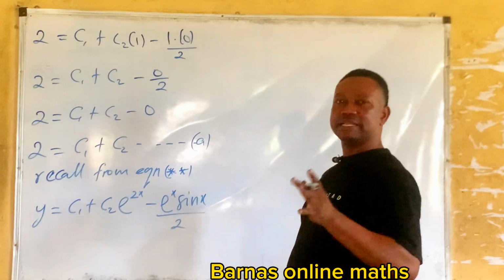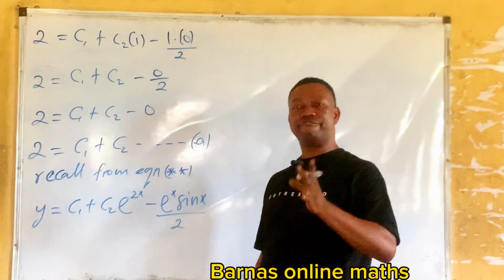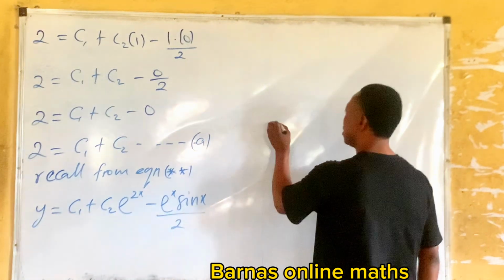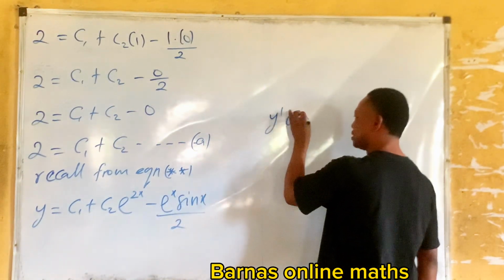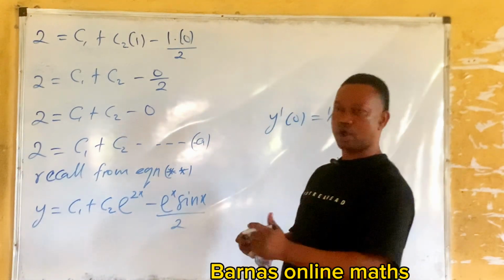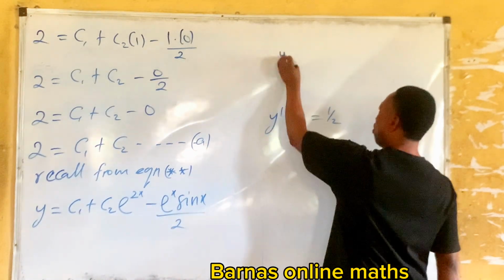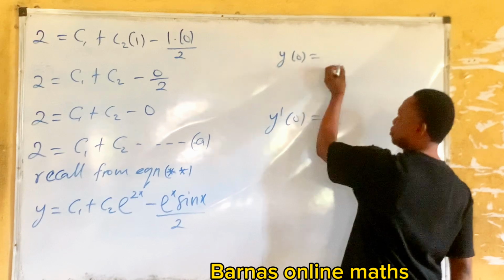Remember, the second initial value condition says y prime of 0 equals half. We have taken the first initial value condition, which is y of 0 equals 2.